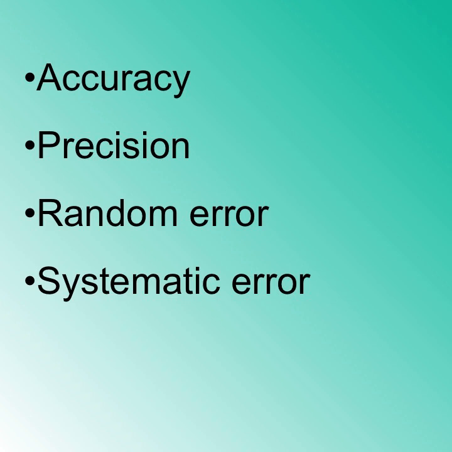A random error is typically regarded as human error, which is very easy to do, say, when you're reading a volume. You need to be at eye level with the bottom of a meniscus. I'll go over this in greater detail in my classroom as well when you read a volume. So, for example, if you're holding a graduated cylinder down in your hand, a foot above where the meniscus is with your eye level, you're not going to be able to give the proper volume.